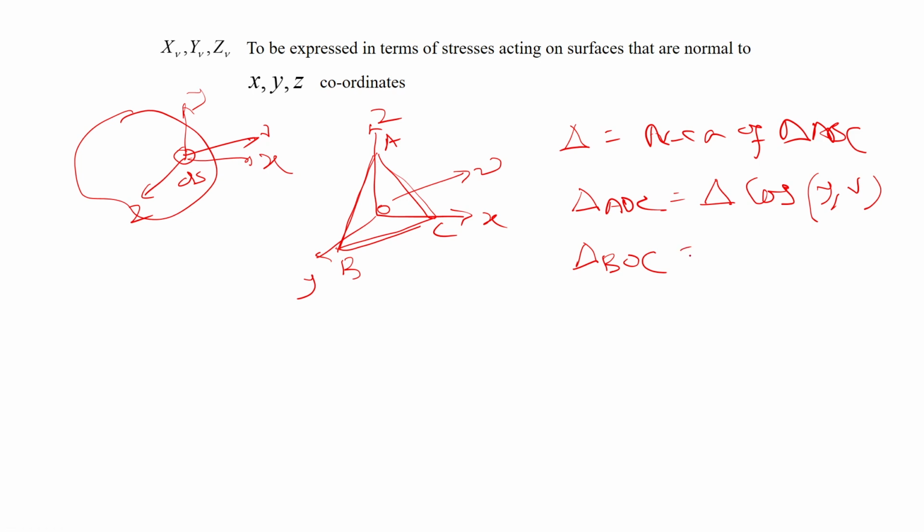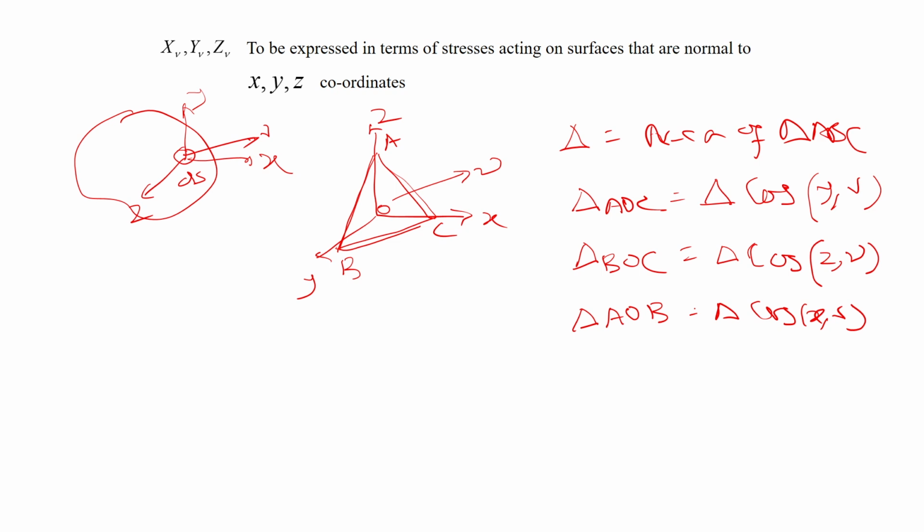Like that, BOC is perpendicular to the z axis, so it will be delta cos of z nu, and AOB will be delta cos of x nu. And we can now find out the balance of the forces about the x axis.